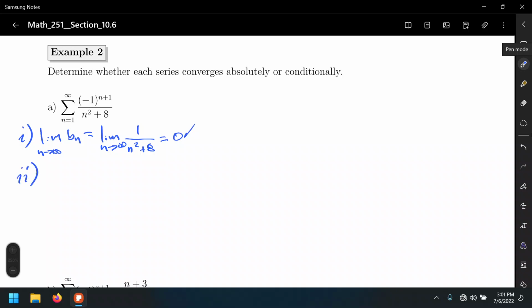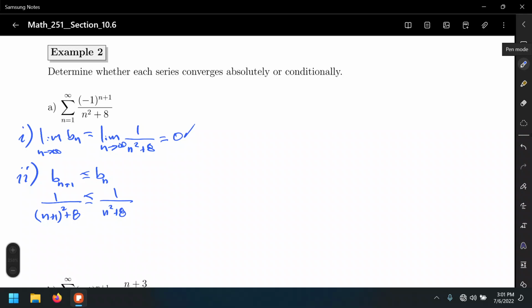Second condition, non-increasing. On the right hand side, the original, and on the left hand side, shift the n by n plus 1. Is that inequality true?